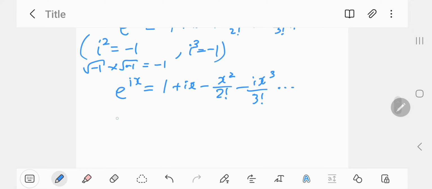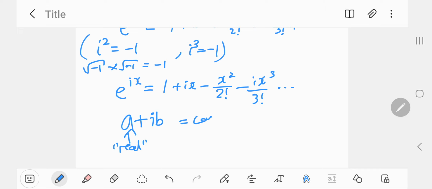And so there are things called complex numbers. A complex number can be represented like this: z equals a plus ib. Suppose we've got a complex number z equal to a plus ib. a is the real part.